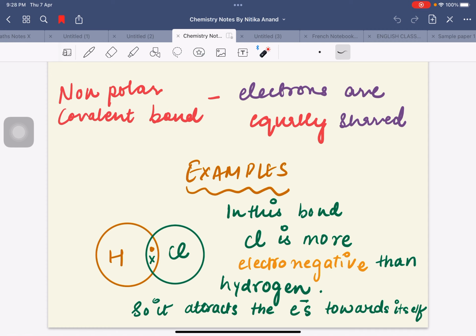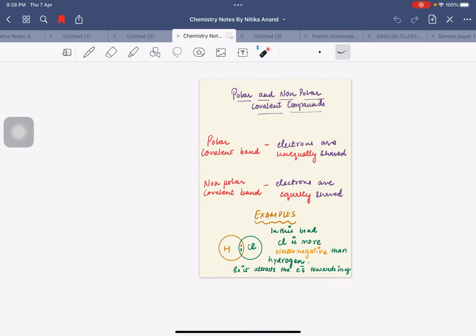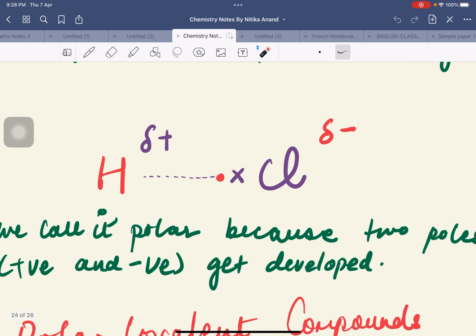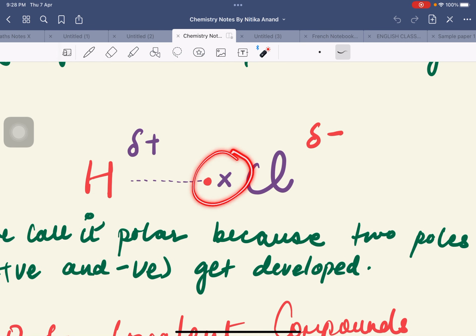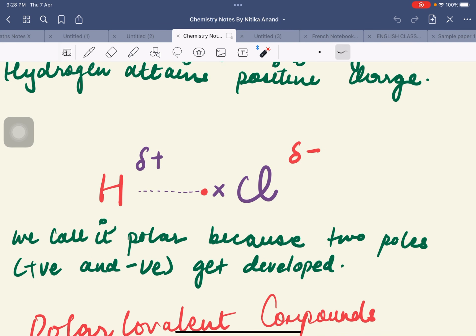So what happens is that chlorine attracts this shared pair of electrons towards itself, and this electron cloud shifts toward chlorine, and chlorine attains a little negative charge.